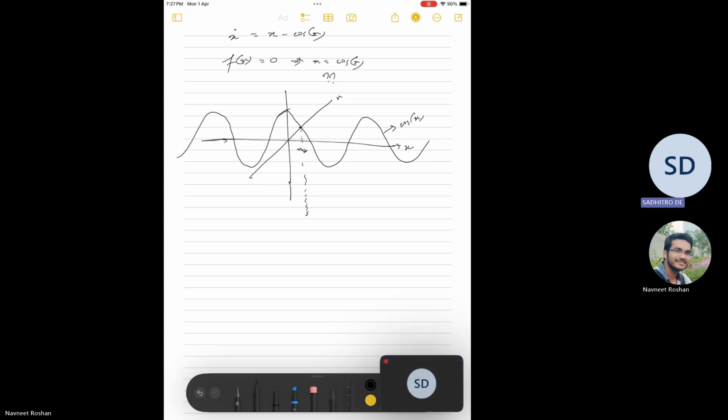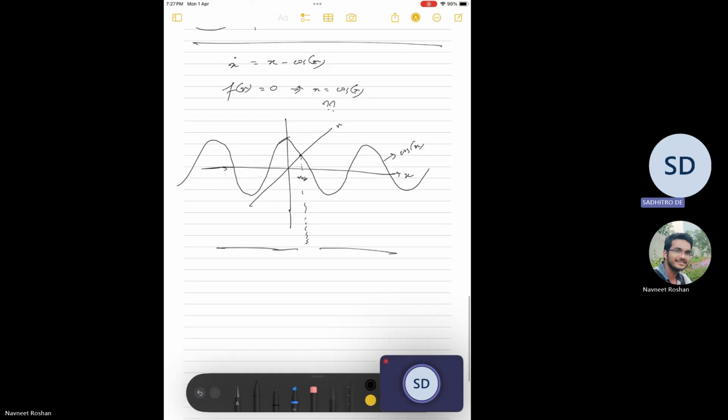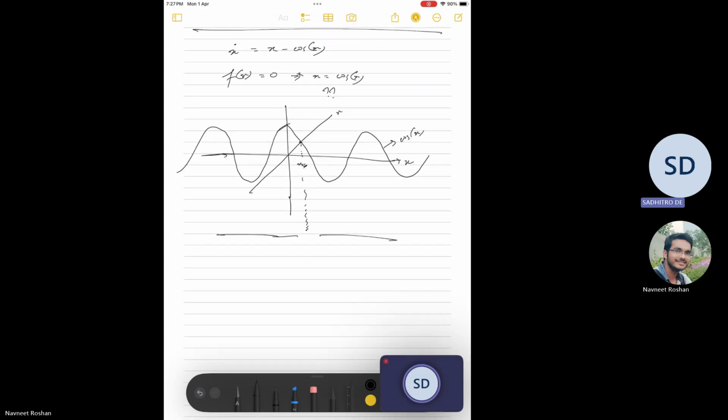Now we have to see whether the fixed point is stable or not. How do we do that? So we have to analyze this function f of x, which was x minus cos x, right? So on the right hand side of this fixed point over here, x is greater than cos x, which means that f of x is positive.